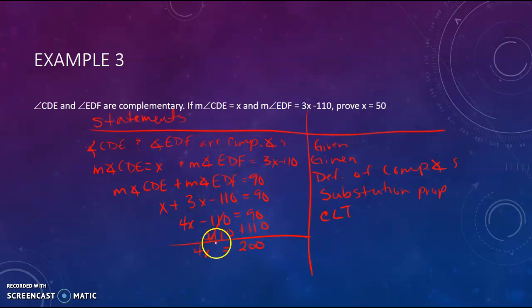I added to both sides, so that means that this was by the addition property of equality. And to get the 4 away from the x, I need to divide. So I'm going to divide both sides by 4, and so then x will equal 50. And I get that x equals 50 because I divided both sides equally, so that's the division property of equality. And I proved that x equals 50.